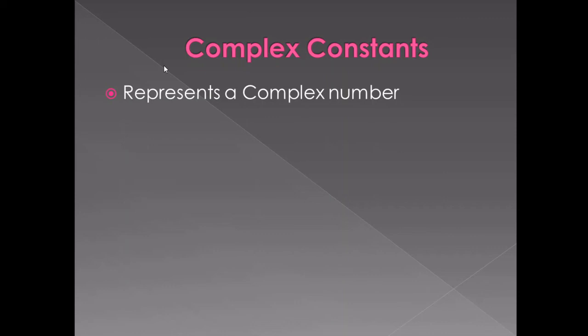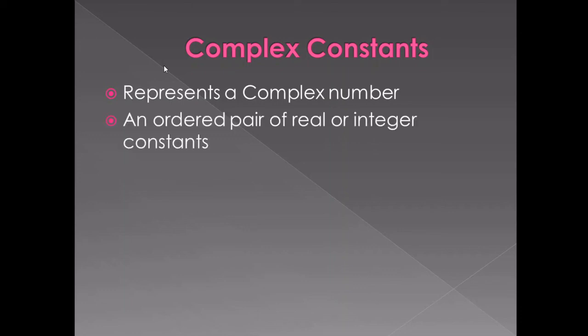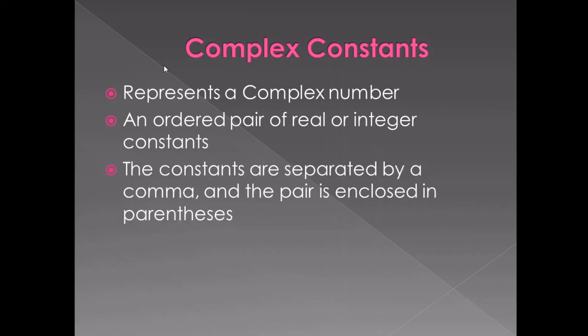Fortran has a limitation in the sense that we can't write out exactly a complex number in the form 2 plus i3, or in the form a plus ib, where a is the real part and b is the imaginary part. So we need a special kind of constant in Fortran, which is known as a complex constant. It's an ordered pair of real or integer constants, contained within parentheses.